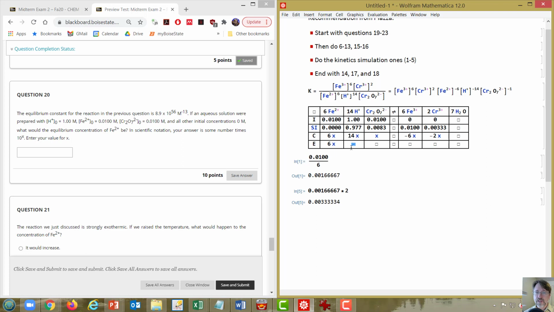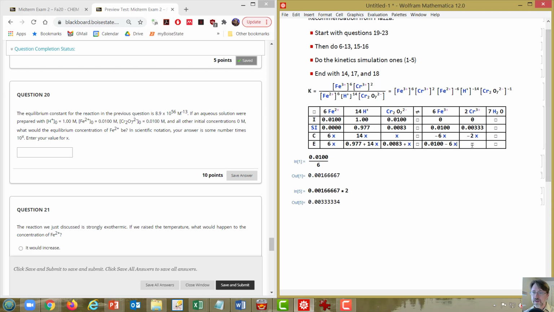6x, 0.977 plus 14x, 0.0083 plus x, 0.0100 minus 6x, 0.00333 minus 2x. Clearing some workspace.